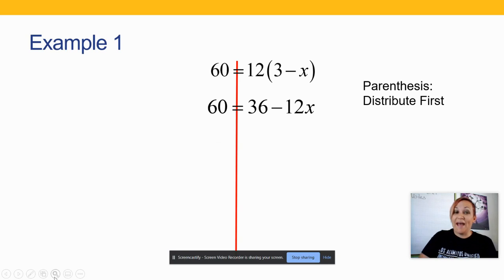If I were to add 36 on both sides, plus 36 and plus 36, well, then I would need to add these 36s together, which is 72. And it doesn't cancel out the 36. Well, that's not good. I want the 36 to go away. So just be a little bit careful with that.